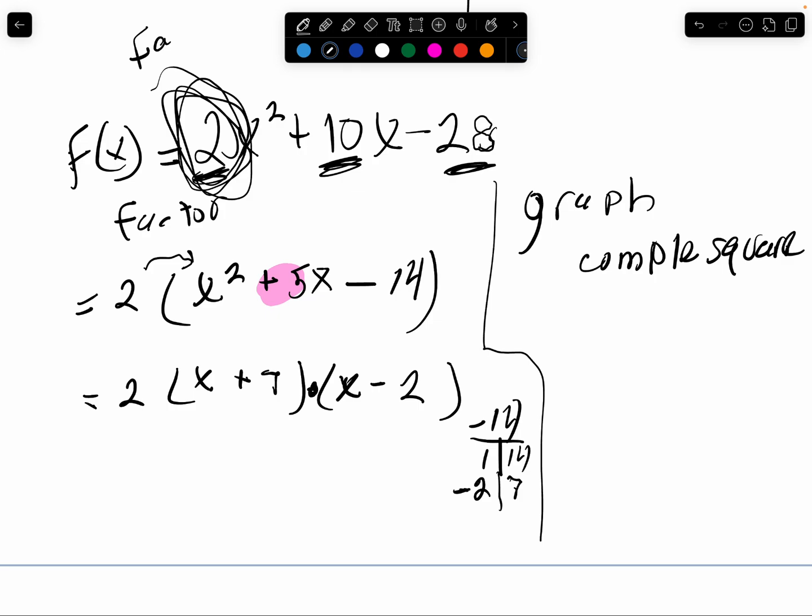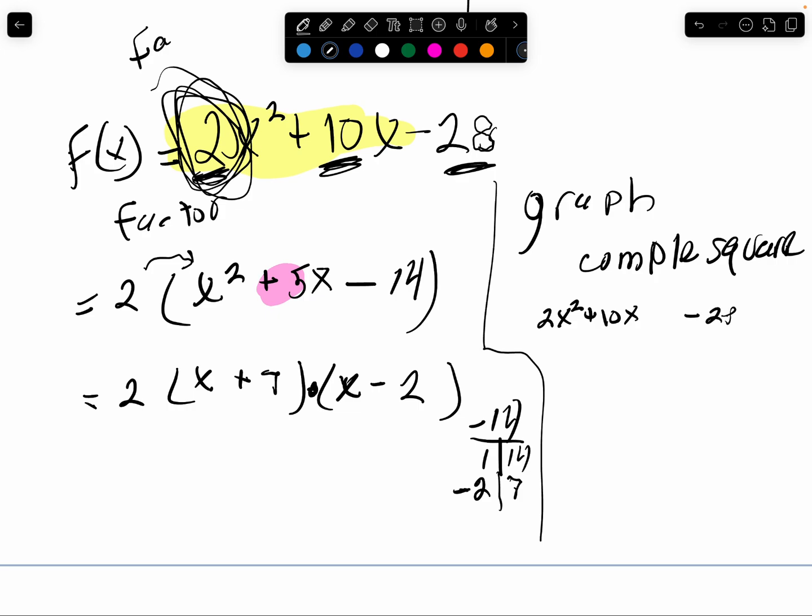So I'm focusing right now on these first 2 terms, the 2x squared plus 10x, and I'm going to move the negative 28 over. So I have this 2x squared plus 10x minus 28.